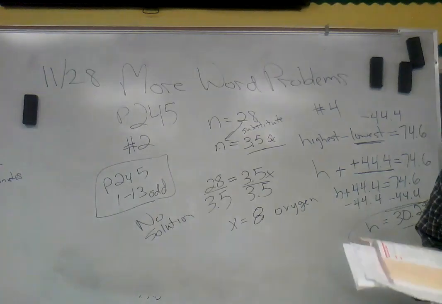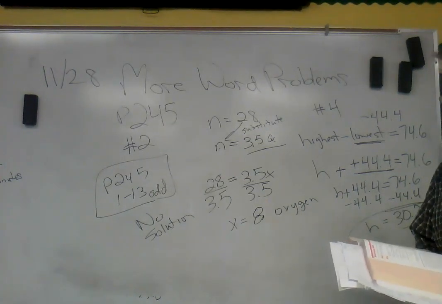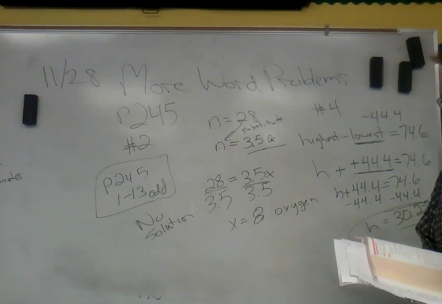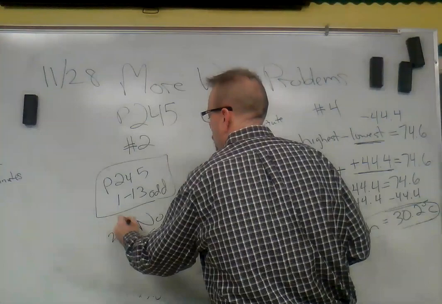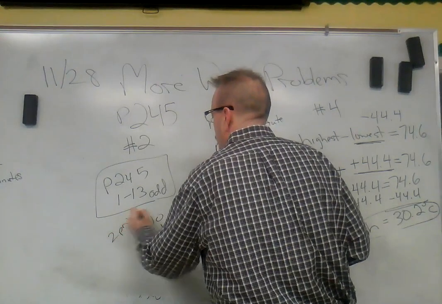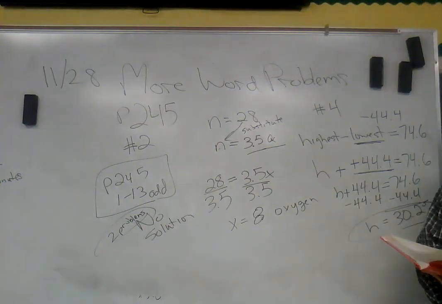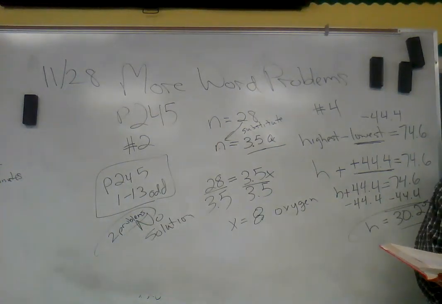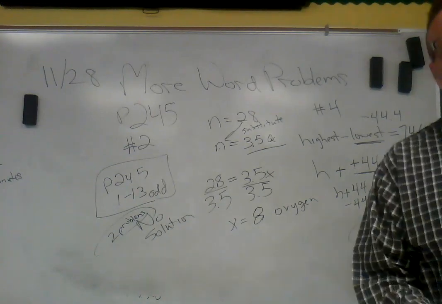So if they did not give you enough information to solve it, say that. There will be two of those. So two problems will be no solution. I'm not going to tell you which two. I'll tell you that there are two that have no answer because there's not enough information. Sometimes they do that to see if you can figure it out. All right.